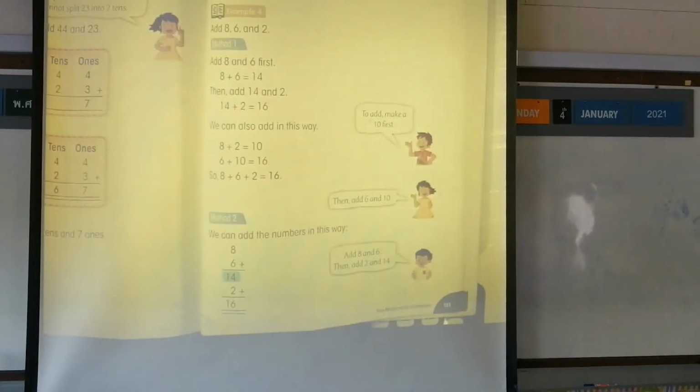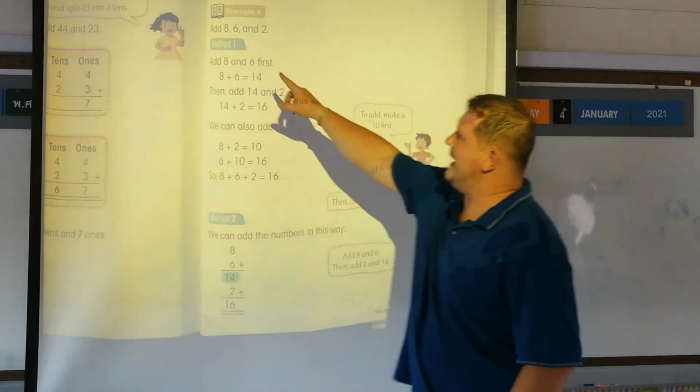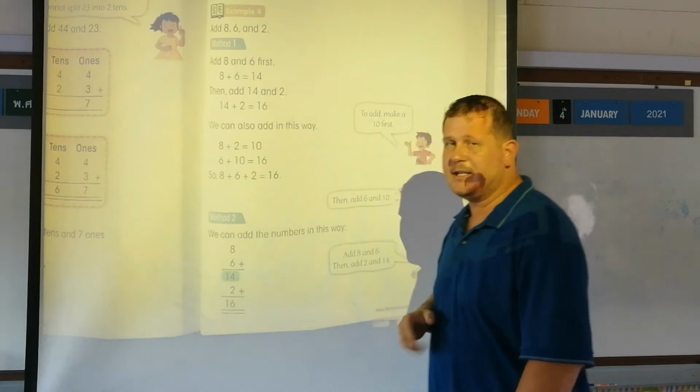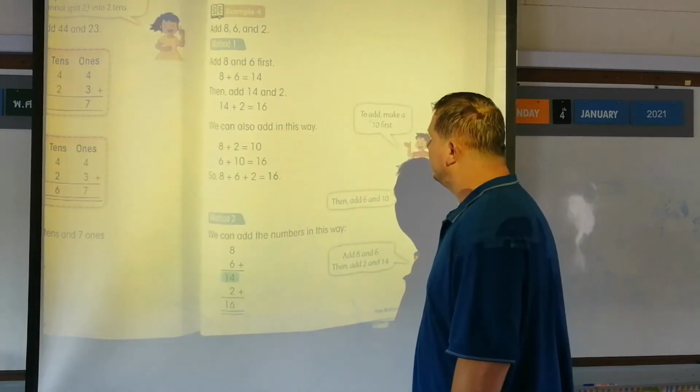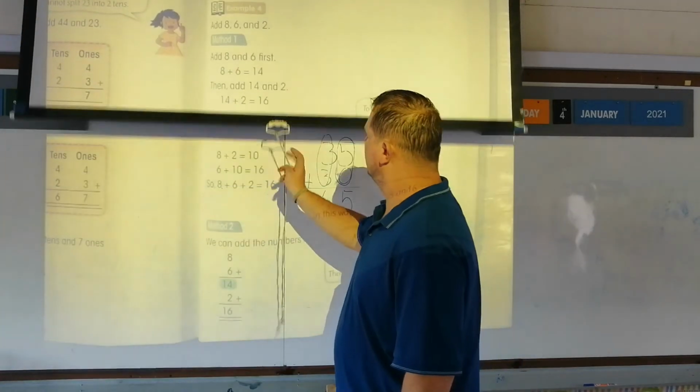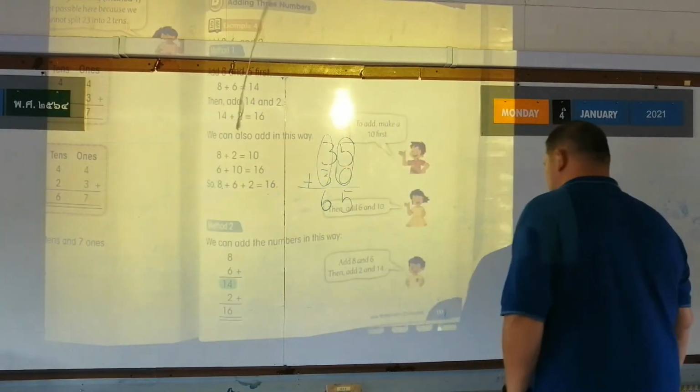Okay, so the next thing is about adding three numbers together. Add 8 and 6 and 2. Alright, so that's three numbers that we have to add. So, if I lift up this thing again, let's have a look.